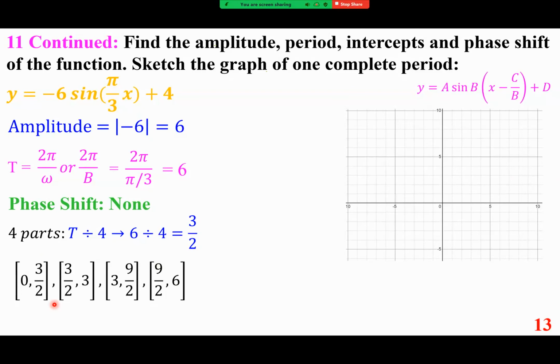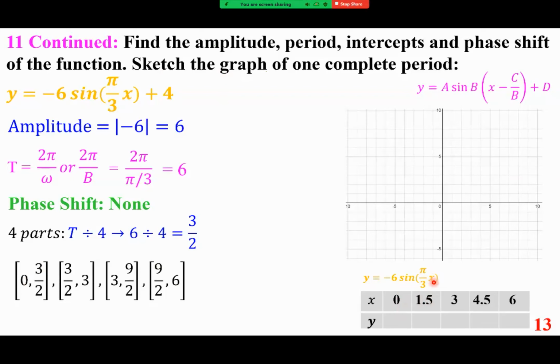Now, one way to do the math is to take care of this and then move it up by 4 units. So to take care of this, basically you plug in 0 and so on. As an example, if I plug in 0, and by the way, 3/2 or 1.5 is the same, I get sine of 0, which is 0.